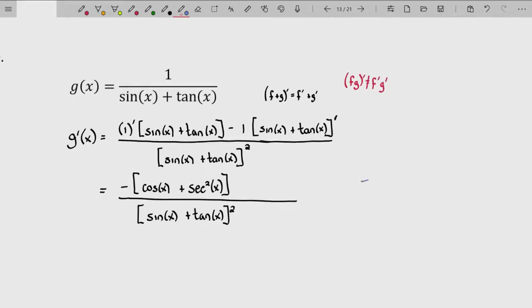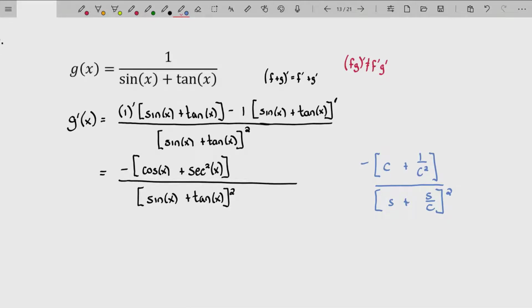Off to the side, I'll write it in what I consider a very shorthand notation. I'll use C for cosine and S for sine, and write everything in terms of sines and cosines. So this would be cosine plus 1 over cosine squared, divided by the quantity sine plus sine over cosine. And again, that quantity is being squared.